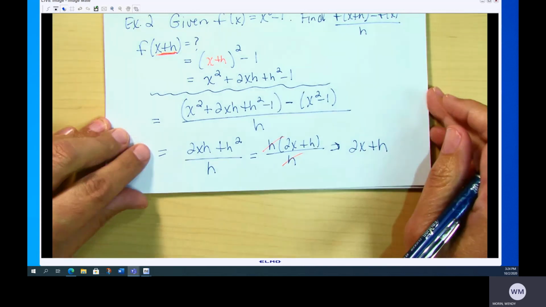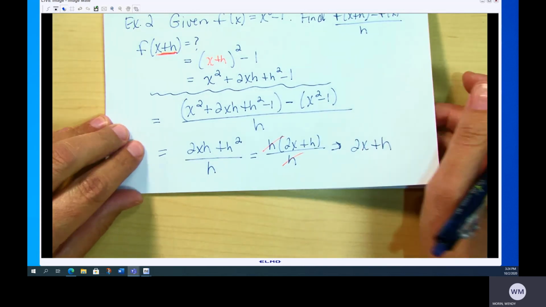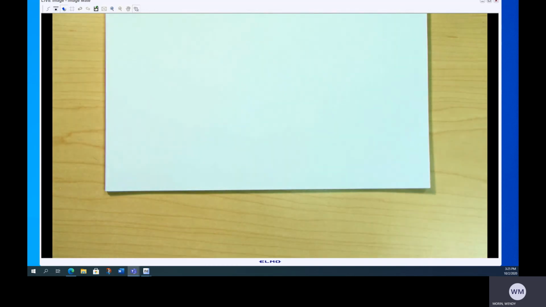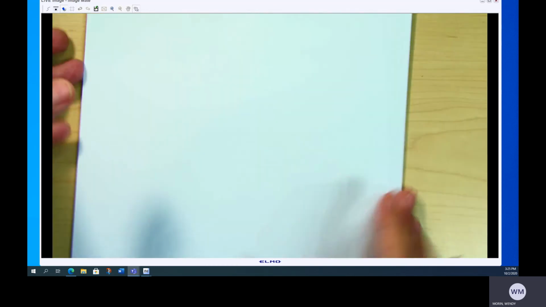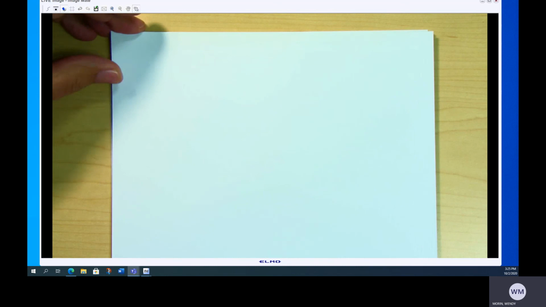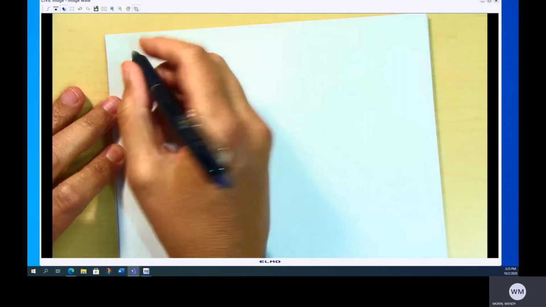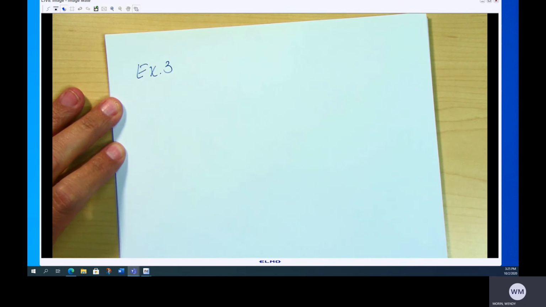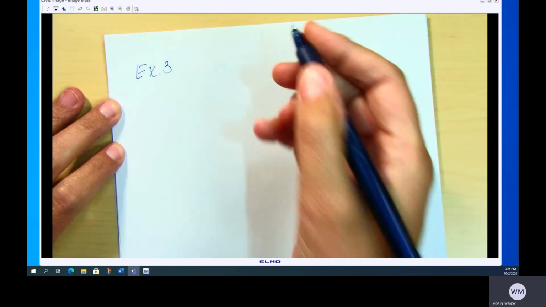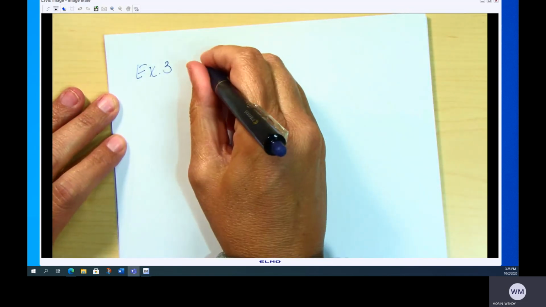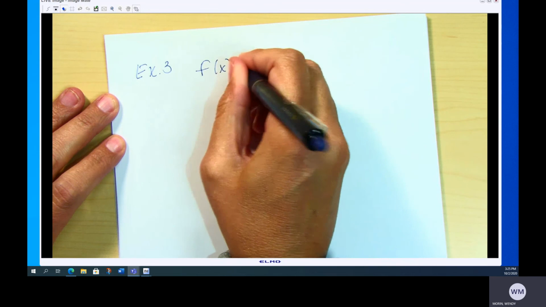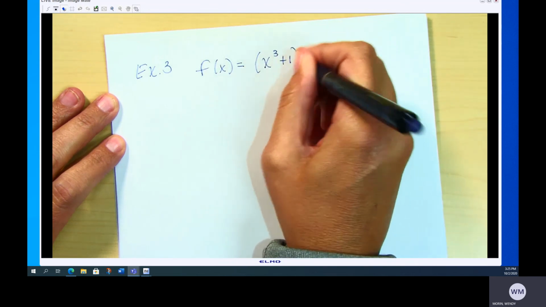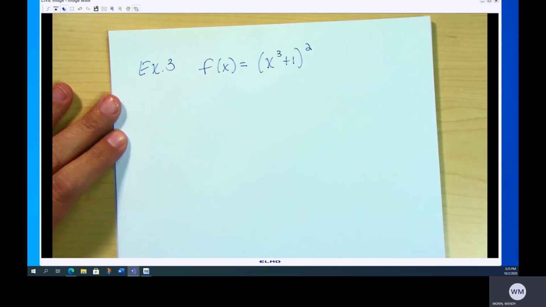Okay, understanding function notation. That's what we've been doing the last couple of sections. Now another way that they need you to understand function notation, I'm on 3, is what if I give you f of x as a composite function? I'm giving it to you composed already.